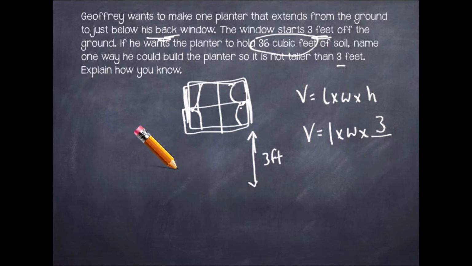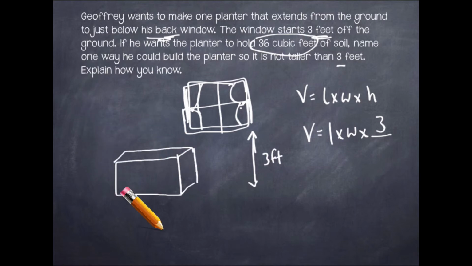So if we have a planter here, let's just start kind of sketching this out a little bit. We have this planter, we know that this side is going to be 3 feet. And we know that the total volume inside of this planter needs to be 36 cubic feet. So let's think about this for a second.